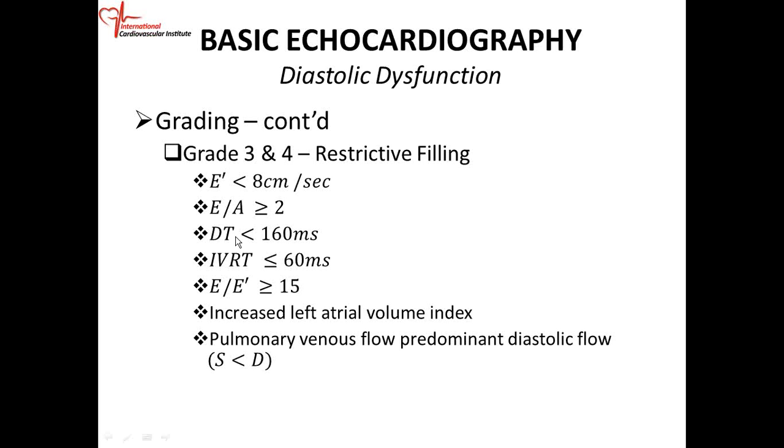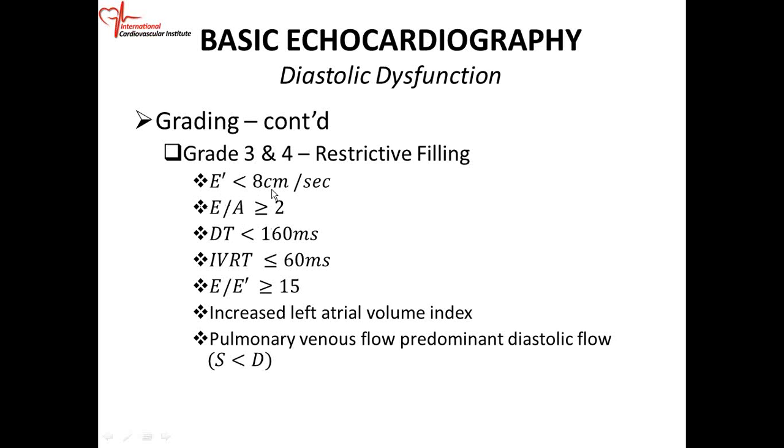The deceleration time is usually constricted, and it's usually less than 160 milliseconds. The IVRT is also constricted, and it's usually less than or equal to 60 milliseconds. Okay? So the E to A ratio, more than or equal to 2.